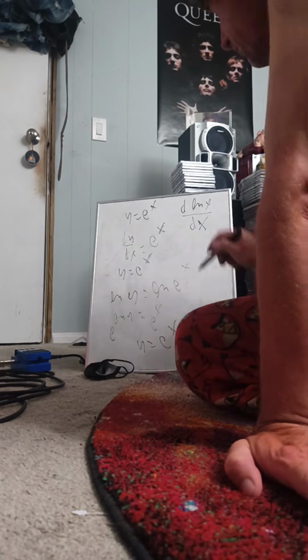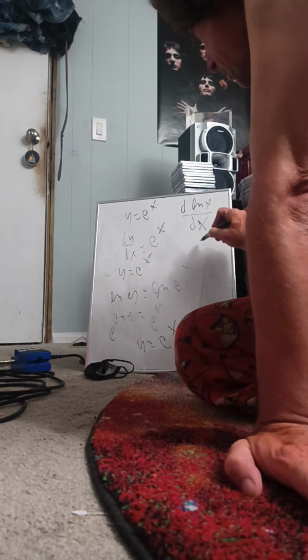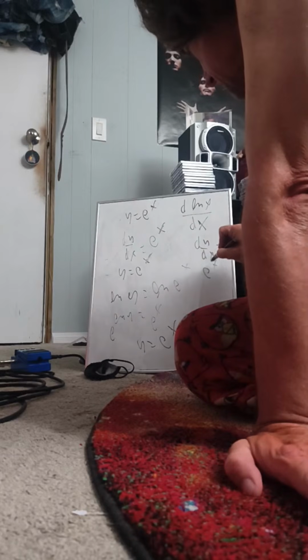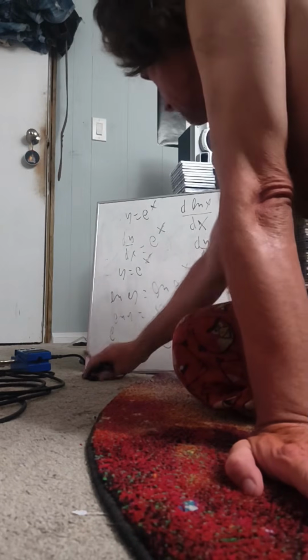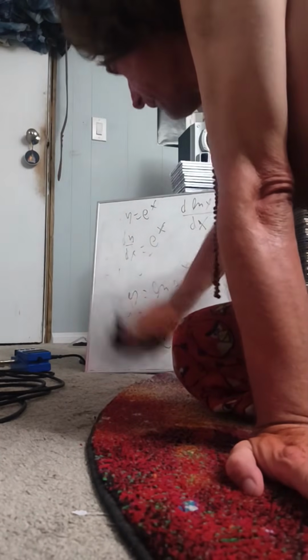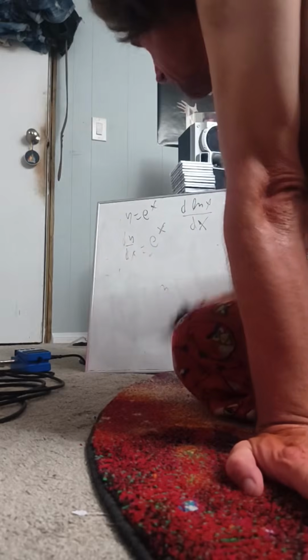So if dy dx equals e to the x, let's do it like this. dy dx equals e to the x. This is my own idea here.